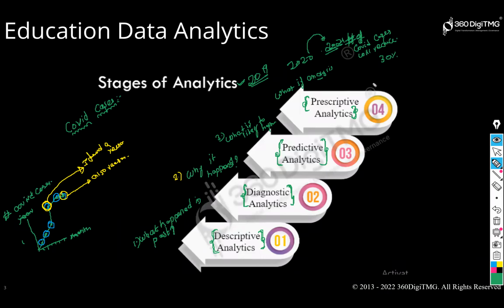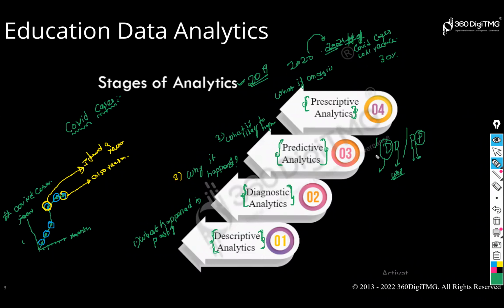So DDPP: descriptive, diagnostic, predictive, and at the end prescriptive. We will describe what happened in the past, and why it happened is diagnostic. I will diagnose what has happened, I will predict what is going to happen, and I will take the required measures to fulfill my prediction.